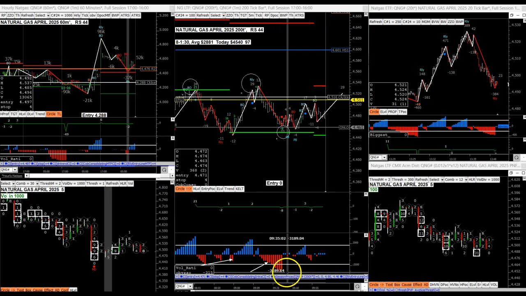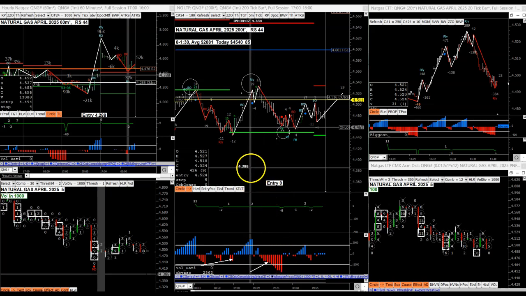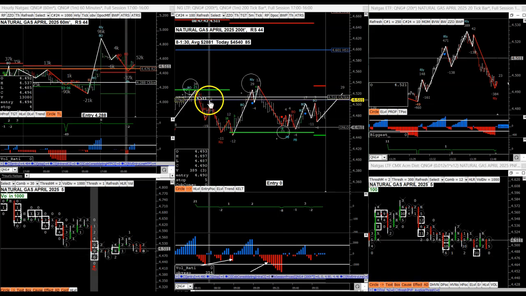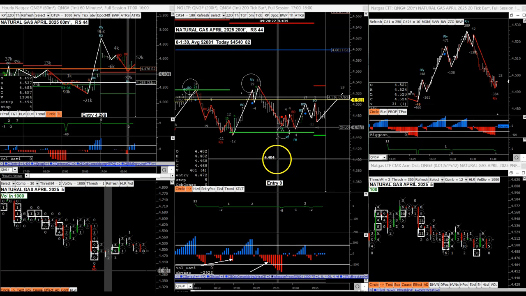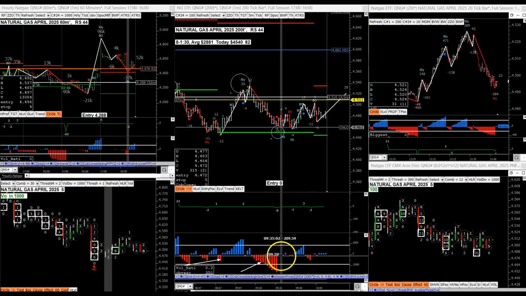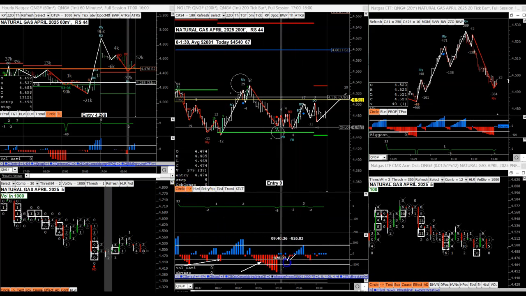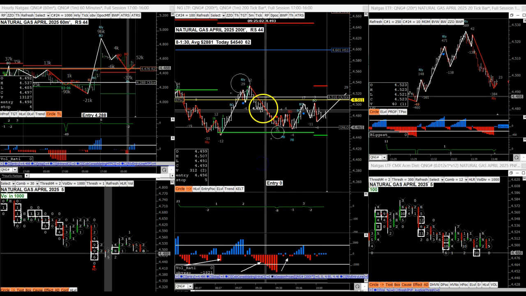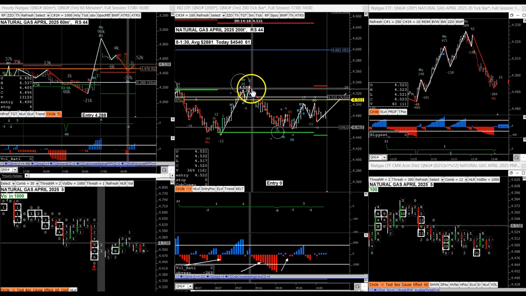Look at this pullback. A hell of a lot of supply, right? So it gives you the possibility that the supply has renewed and will continue to go down. Now what changes that possibility is on this test and this test, it just totally dries up. The supply totally dries up, right? So this leg down was some type of ending action.